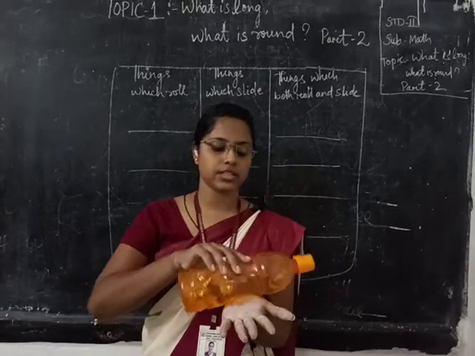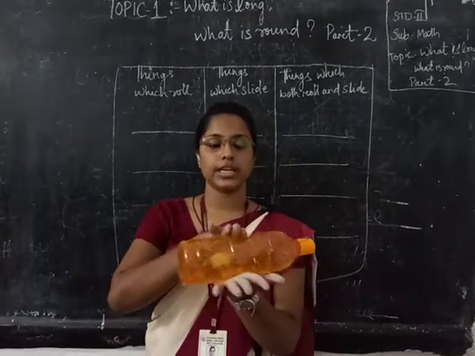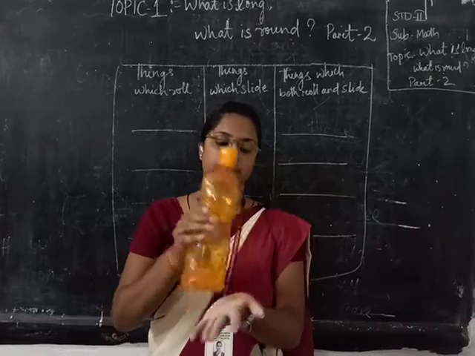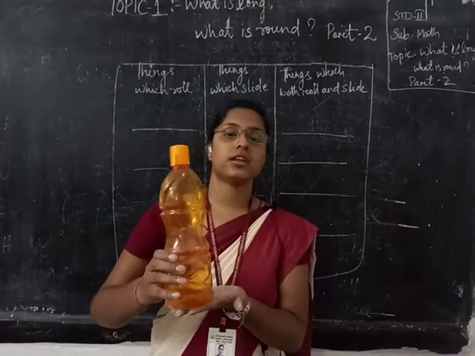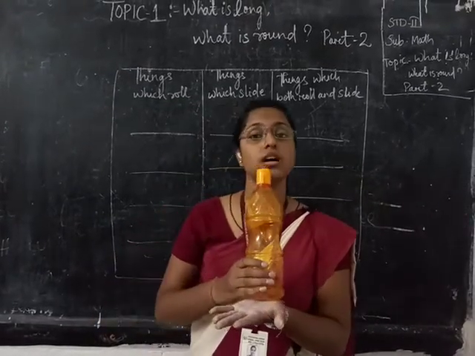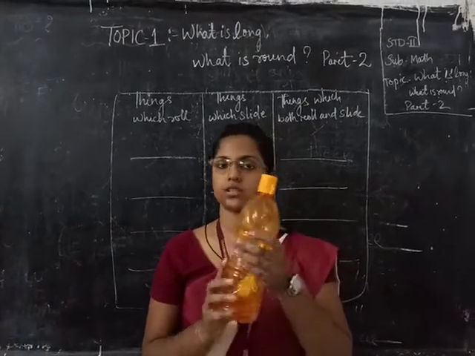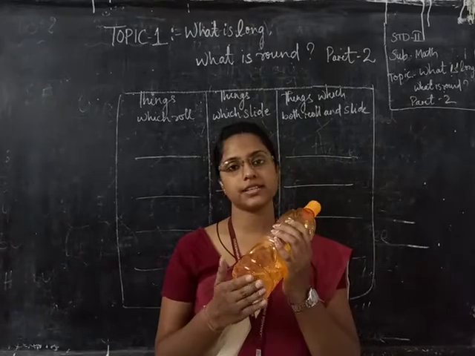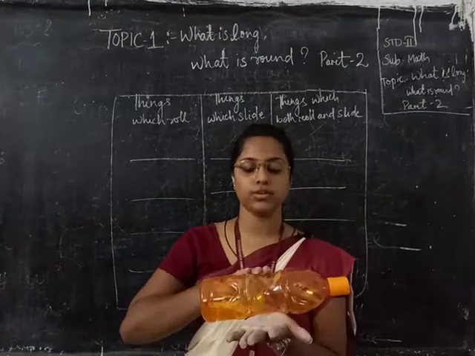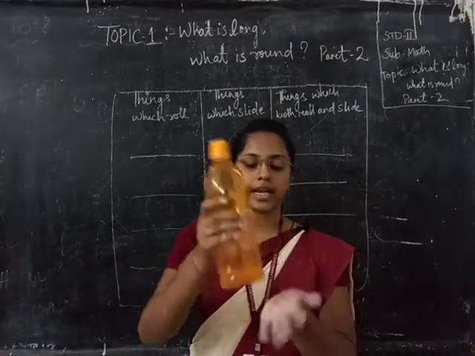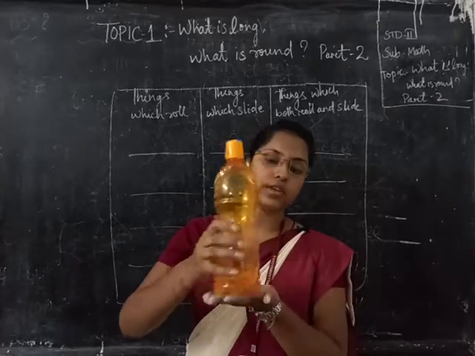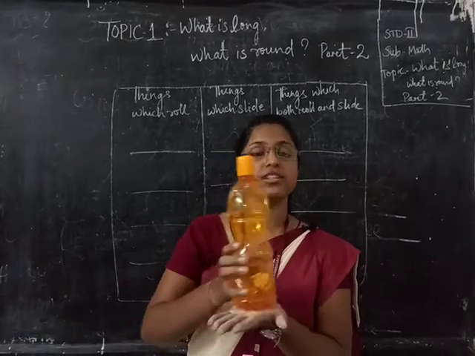If I move it, it will roll. But if I want to slide it, it can also slide. It has a curved surface, which rolls when we move it like this, and a flat surface, which slides down when I push it.